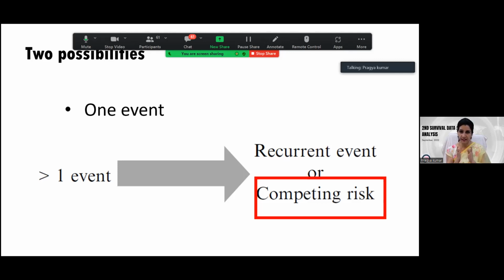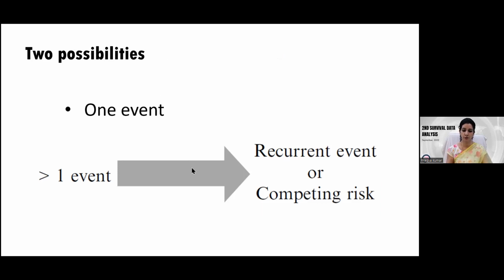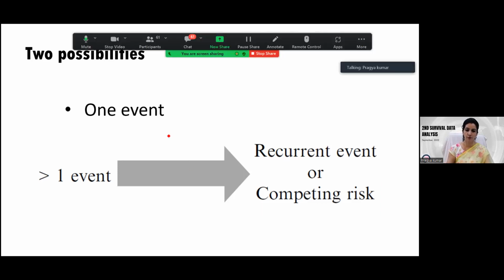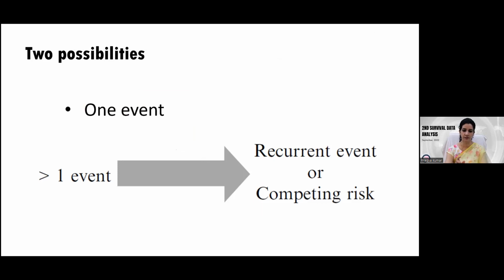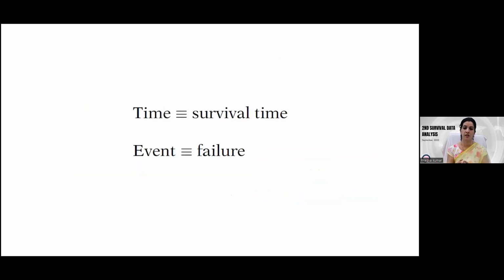But in this session, we are restricting ourselves to one event. So in all these 3 days, we are not going to cover the recurring event or the competing risk. We will only focus our discussion on one event. The time to that event is known as the survival time.